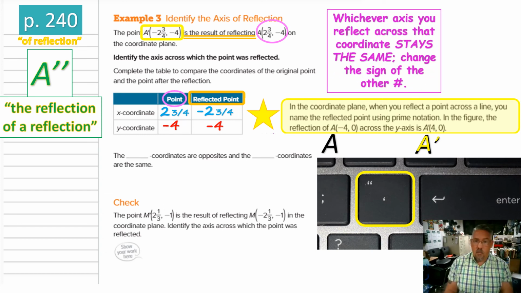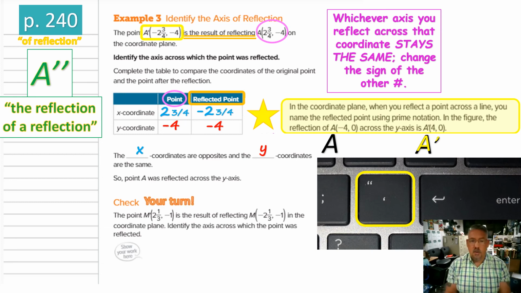Once again, whichever axis we're crossing, the number for that axis is going to stay the same, and the other coordinate is going to be its opposite. The x coordinates are opposites and the y coordinates are the same, and therefore point A was reflected across the y-axis.